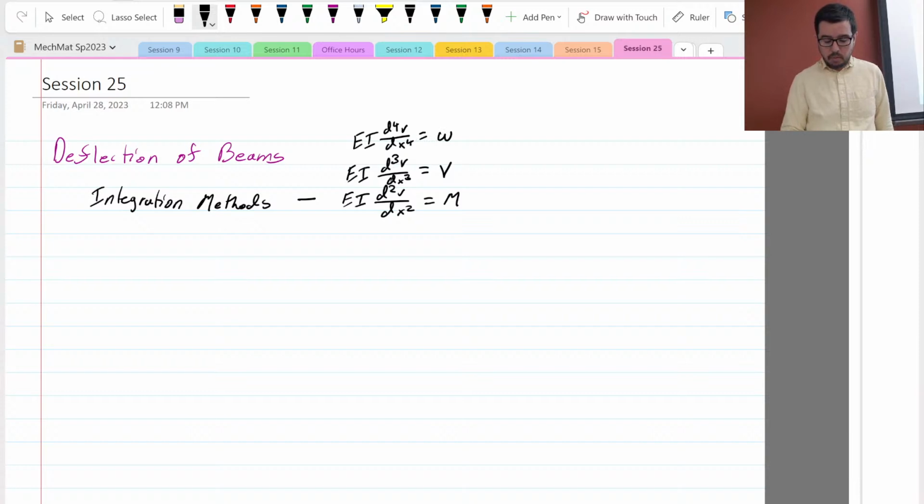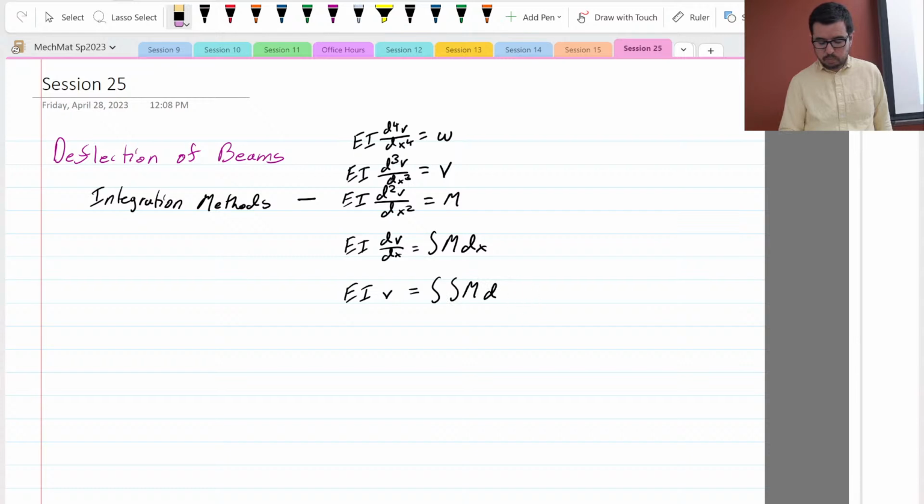And if we're interested in getting the slope along the beam, we have to integrate that equation. And if we want displacement, we integrate a couple of times.